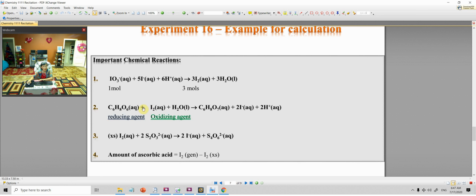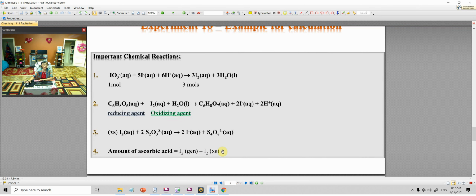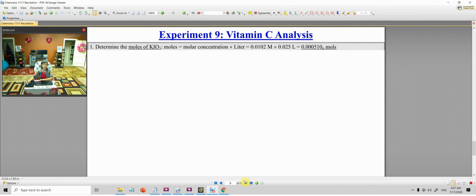And then this amount is unknown. You use the total generated amount minus this excess. And then you correlate, this is 1 to 1. This number of iodine essentially is the same as the moles of your ascorbic acid, vitamin C.